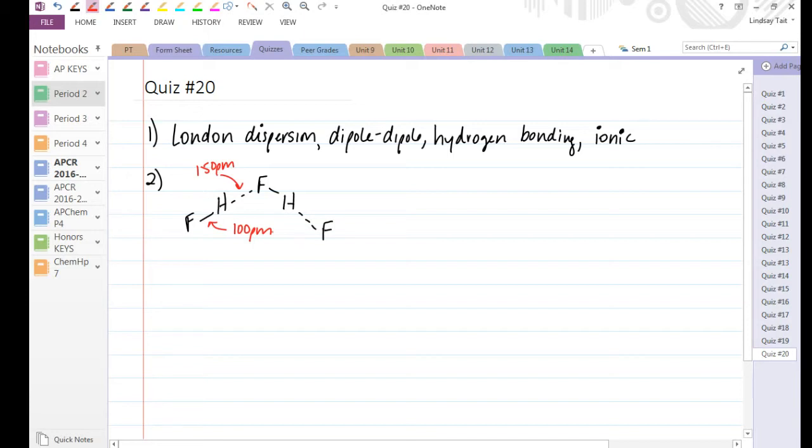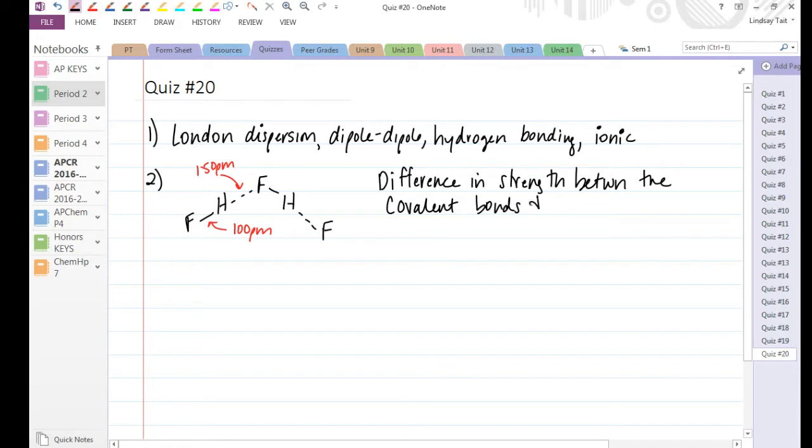And so the answer choice here was the difference in strength between the covalent bonds and intermolecular attractions.